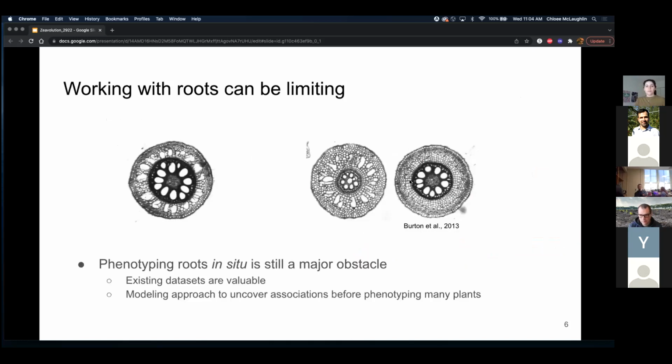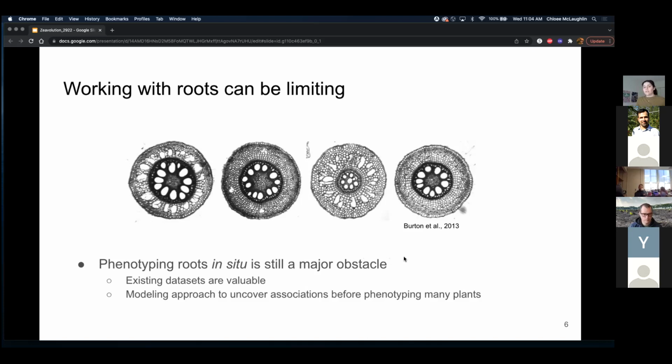Although roots can be very helpful for thinking about how plants are coping with stress, they can be really limiting because of their below ground nature and the manpower needed to dig up roots and either ablate them or hand section them to gather anatomical features and think about associations with environment.